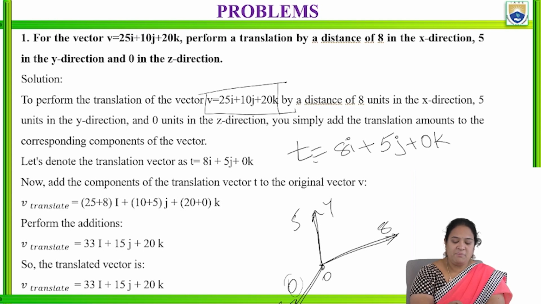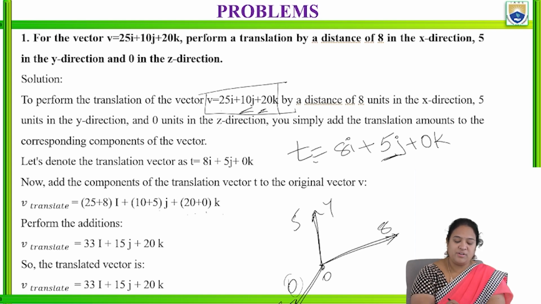When we come to the translated vector, we already have 25, so 25 plus 8 into i, plus 10 plus 5 into j, plus 20 plus 0 into k.